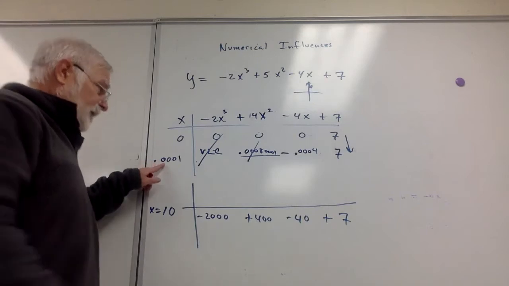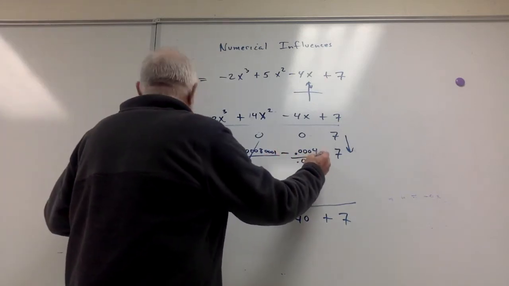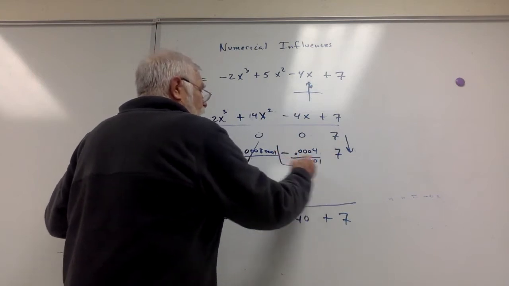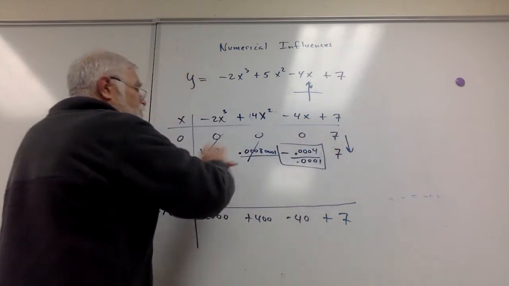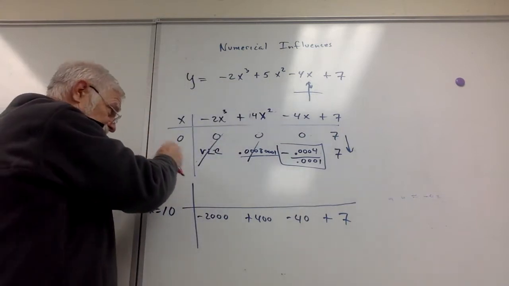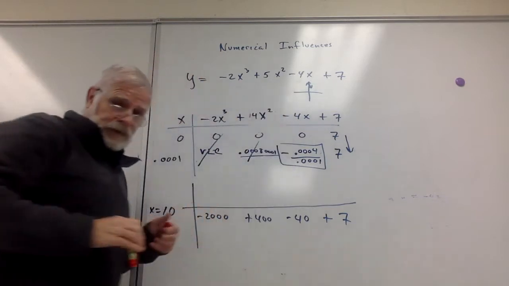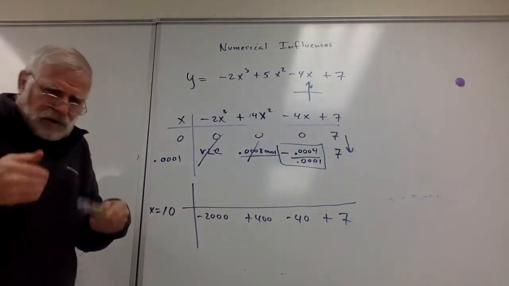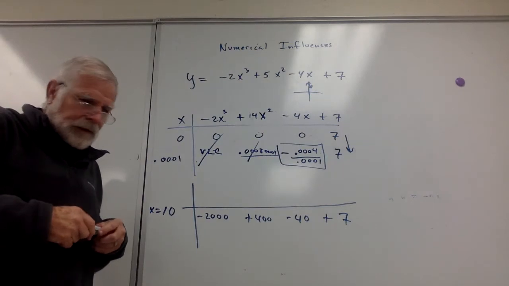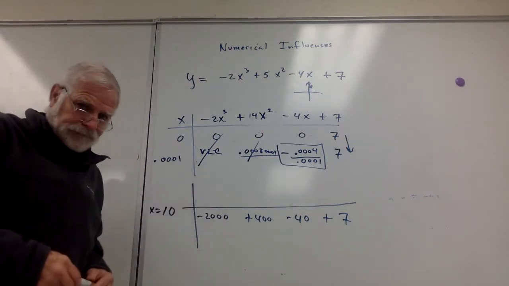If I divide by 0.0001, I think we can start to see that this is trending towards that rate of change. The more zeros I put into the decimal, the closer I am to that value. And that's where we start moving towards the concept of a limit. In this case, the limit of the rate of change at x equals 0.